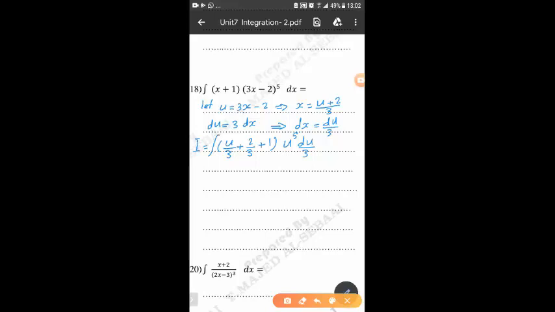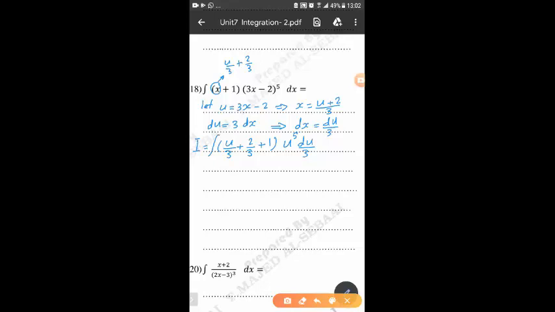Okay, I will. Okay, see here, this is x, right? x can be written as u over 3 plus 2 over 3, which is this. And the plus 1 I just added. You understand? Yeah. Good.